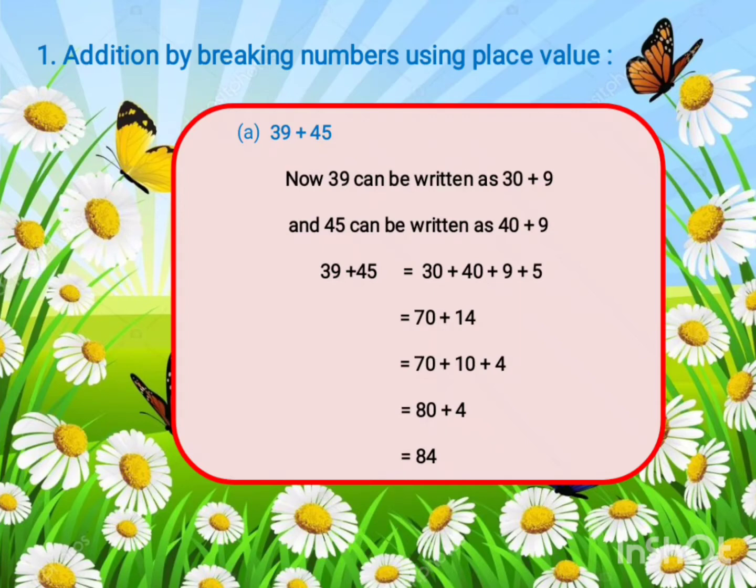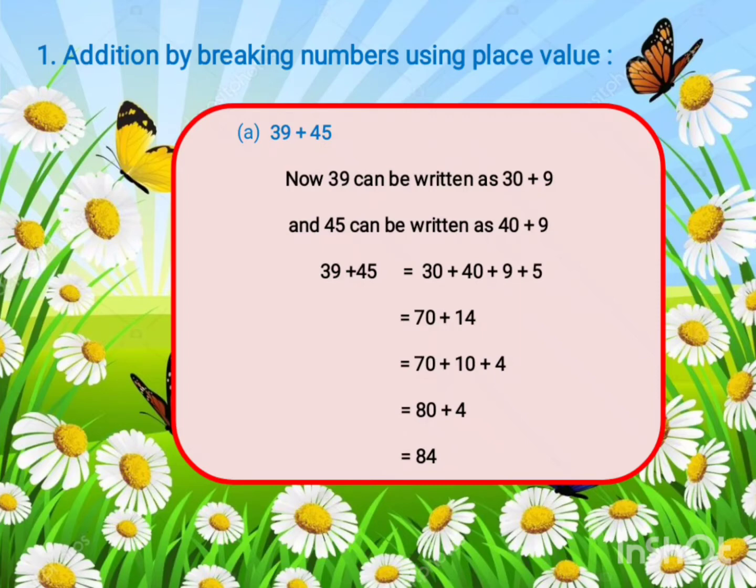So 39 plus 45 will be broken down into a set of tens and a set of ones. The set of tens are 30 plus 40 and the set of ones are 9 ones plus 5 ones.